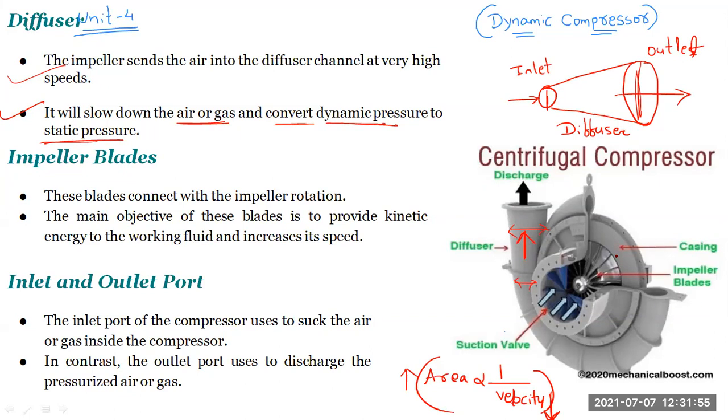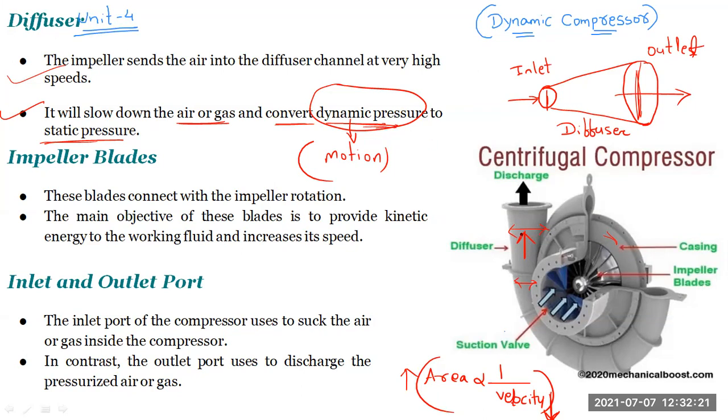Okay, because inside this casing, whatever the pressure will generate, that is called as dynamic pressure. Why it is dynamic? What do you mean by dynamic? Dynamic means motion. Okay, since this velocity of this air will be very high inside this impeller, so whatever the pressure will generate inside the casing, that will be dynamic pressure.